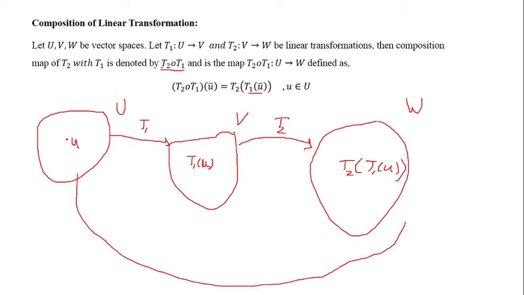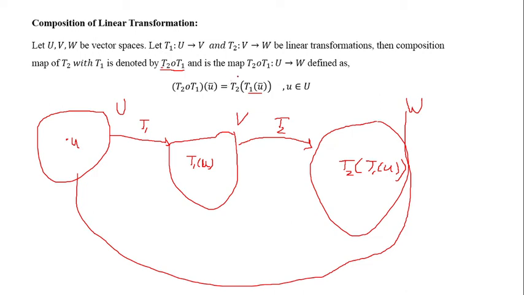So remember, this is the composition map from U to W, but which composition? T2 composite T1. So remember this definition, T2 composite T1 operating on u is T2 outside, first operate T1 on u bar, and whatever vector in V, then operate T2 on that element.